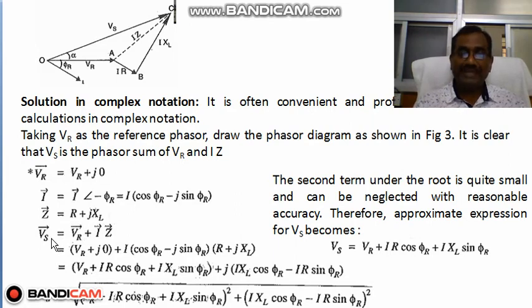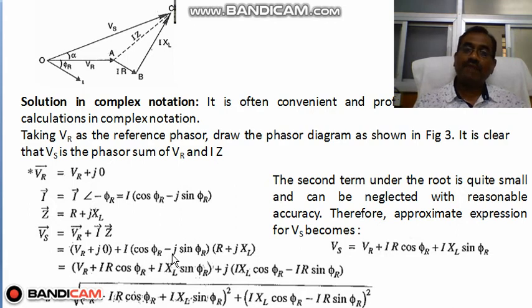Therefore, Vs is equal to VR plus I into Z vector. So what is VR? VR plus j0, plus what is I? I into cos phi r minus j sin phi r. And what is Z? R plus jXL.